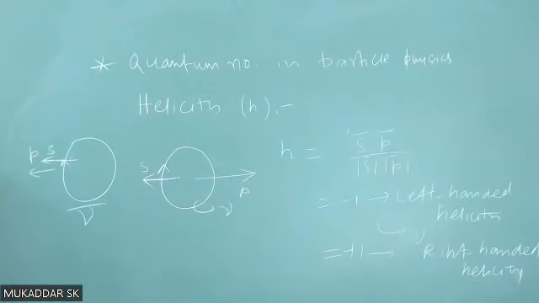It's an experimental fact; it is observed like that. They have the same spin, but the direction of flight is different. So all neutrinos that exist in nature are left-handed, whereas anti-neutrinos have right-handed helicity.